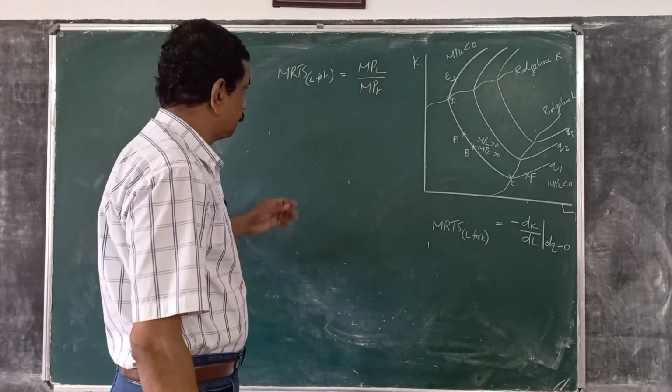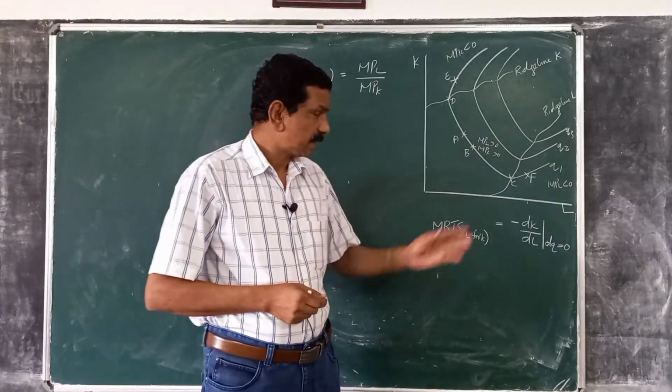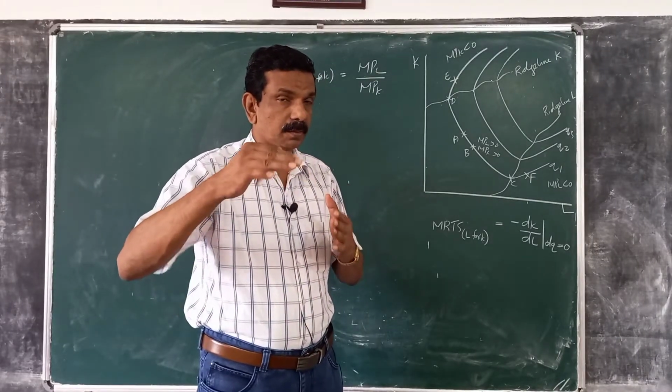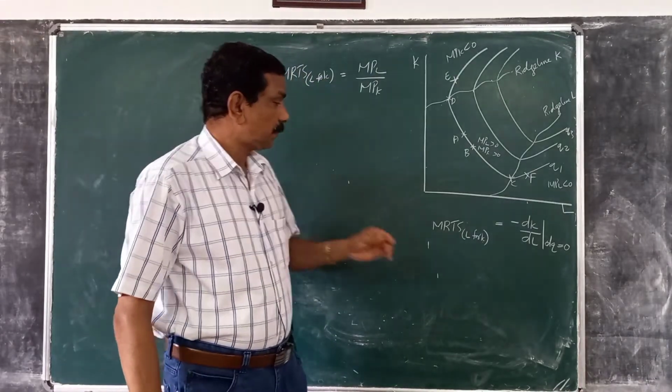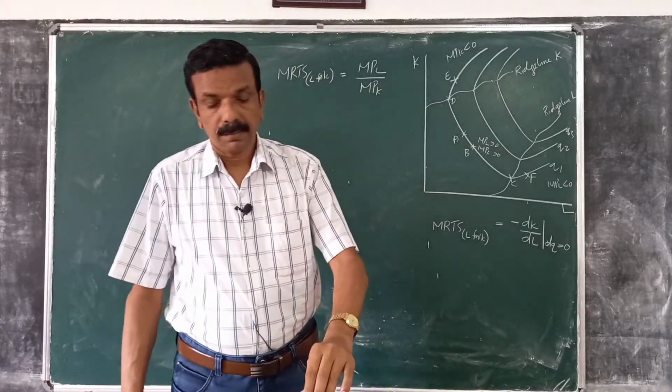To obtain further insight about the shape of the isoquant, we write this MRTS L for K as MPL by MPK.